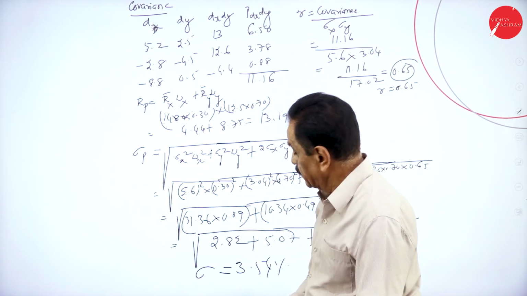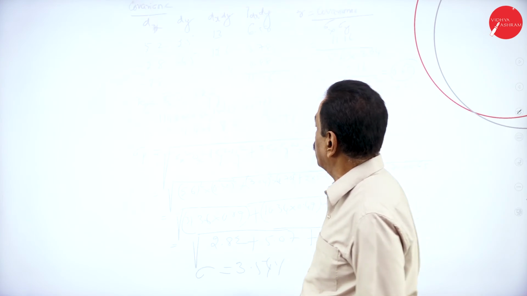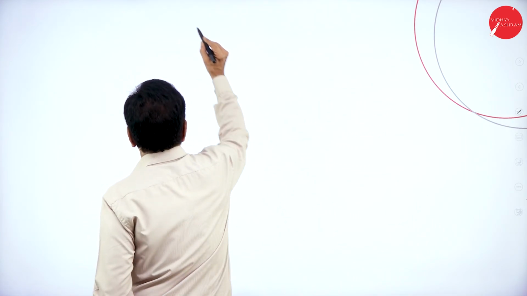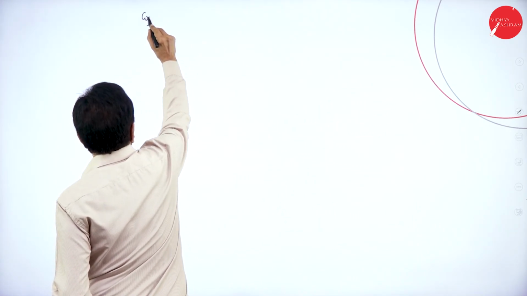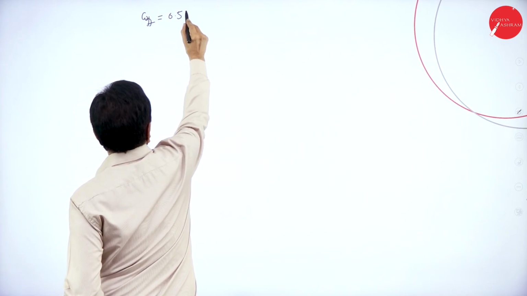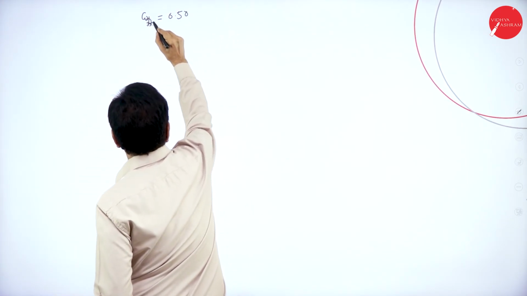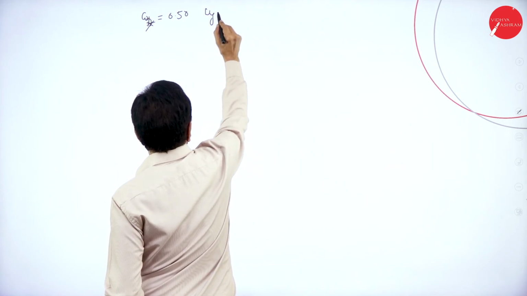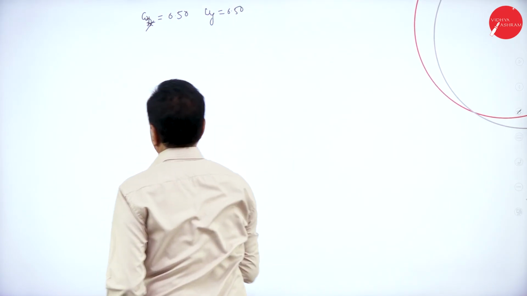If they invested equally, last one. WA, equally means 50%. This is WX, WY is 0.50.